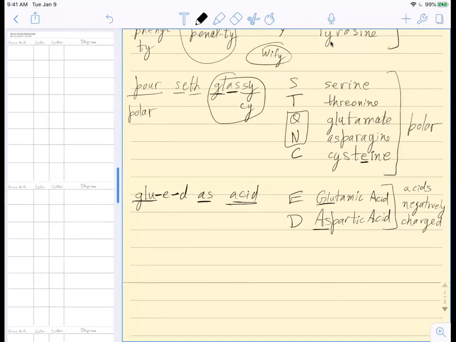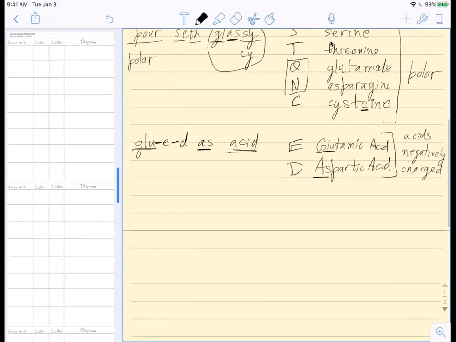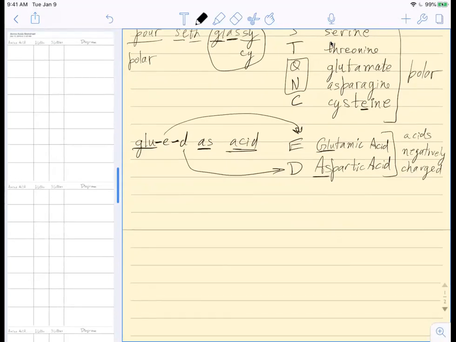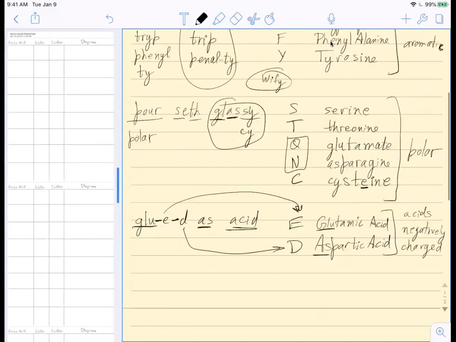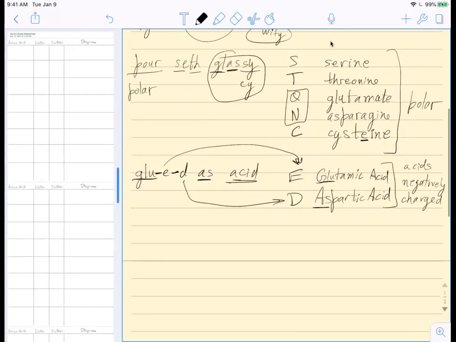So in glue, the E is closer to GLU, so that's the symbol for glutamic acid. In glued as acid, the D is closer to aspartic acid, so D is the symbol for aspartic acid. That's how I remember that. Right there, and right there. It seems like a lot, but trust me, when you can't find any mnemonics at all, and you can't seem to memorize it, these 3 or 4 mnemonics really go a long way all of a sudden.